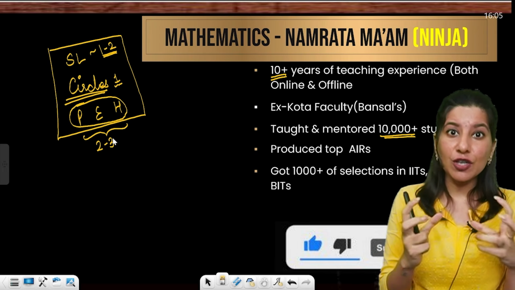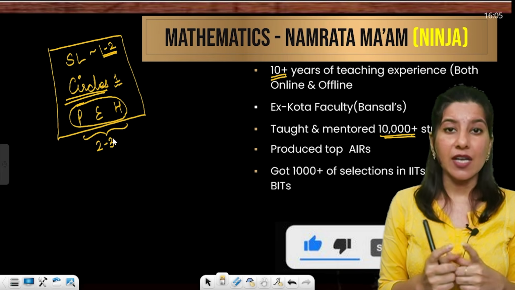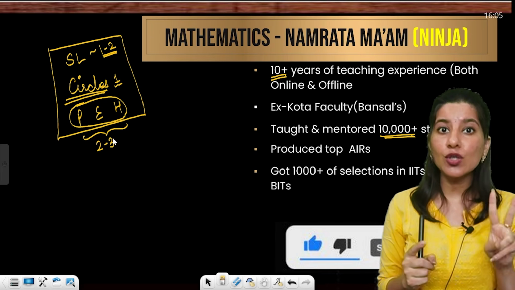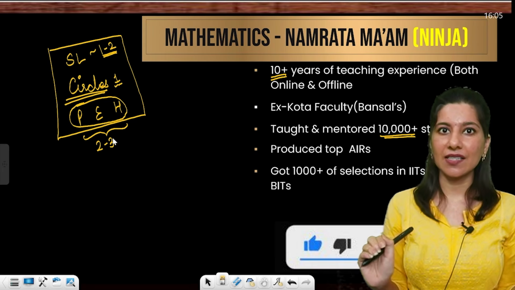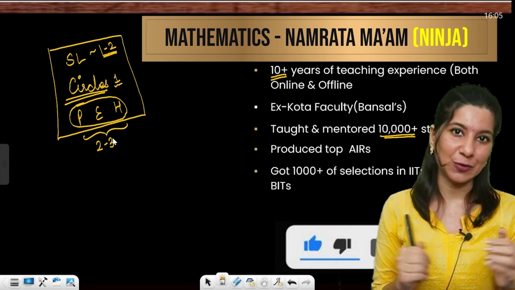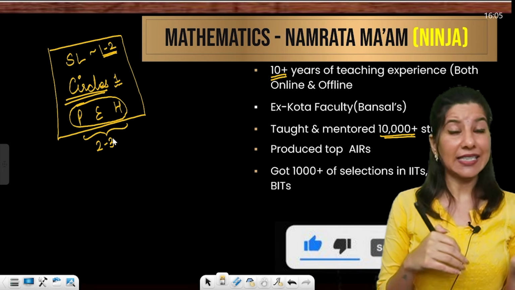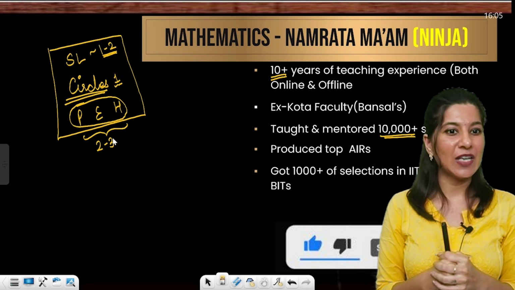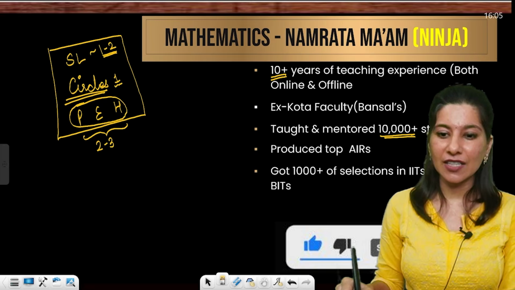So if you're serious about conic sections and coordinate geometry, straight lines and circles are two chapters whose basics should be absolutely clear to you, and this will definitely help you in 3D geometry as well. On this note, let's start today's session.